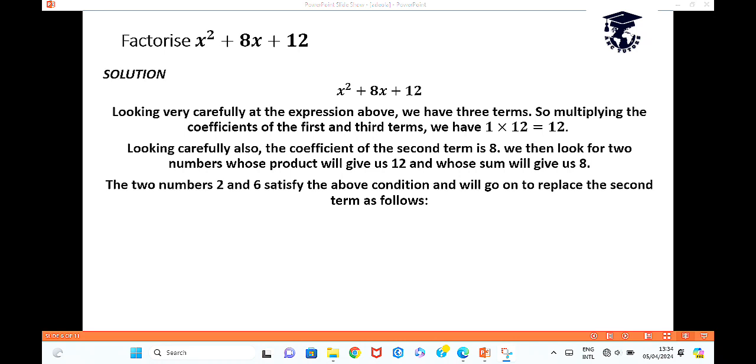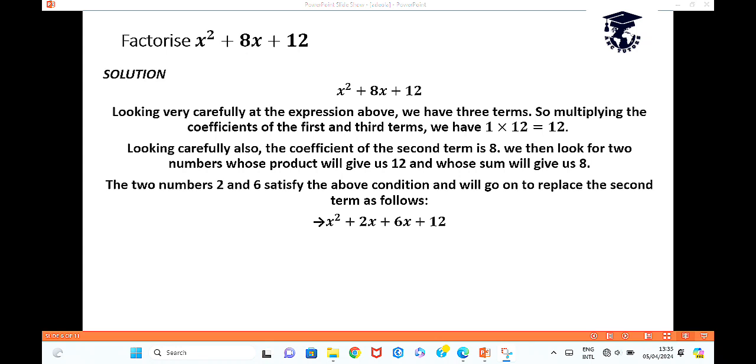They must be multiplied together to give us 12, and they must add up to give us 8. So since they've satisfied this condition, we go on as thus: x squared plus 2x plus 6x plus 12. As you can see, plus 2x plus 6x has replaced plus 8x. So that is the new expression we have now.